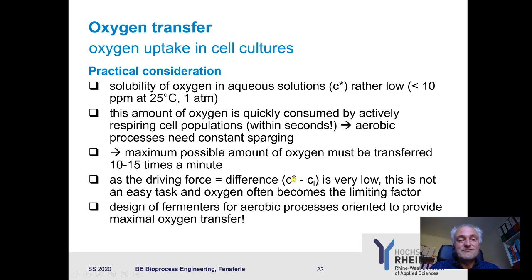In order to achieve that, the complete reactor design, stirrer design, and so on is tailored towards this oxygen transfer. You will see later on that you always think stirring is there to mix everything and to have an optimal transfer of your substrate to the cells, or to bring the substrate away from the cells.